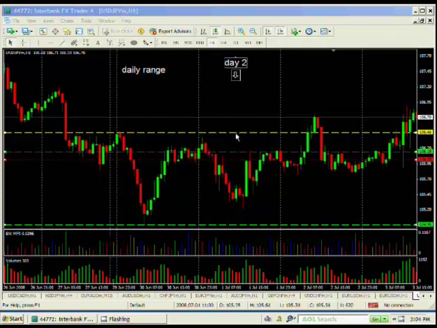From the top of the range up here to the low of the range down here. Now when we're day trading or trading off the hourly or lower time frame, these are the locations where we want to make our decisions.